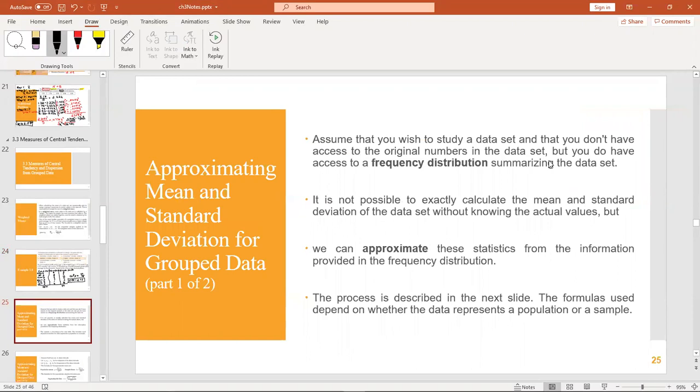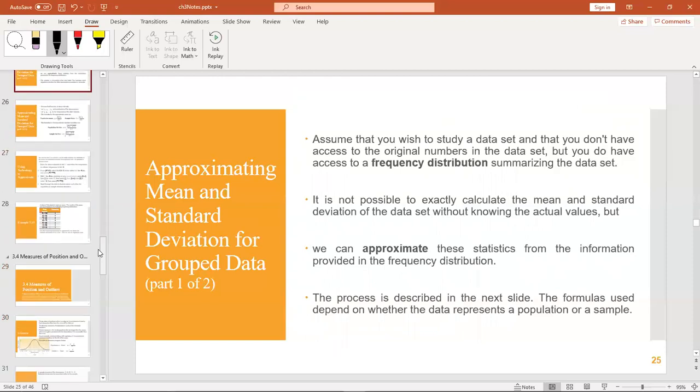So if you have data where you don't have access to the original numbers, but you have group data, as I mentioned before, you can make what's called a frequency distribution. And even if we don't have access to the raw scores, we can make a rough approximation of the summary statistics that we've discussed earlier based on the frequency distribution.